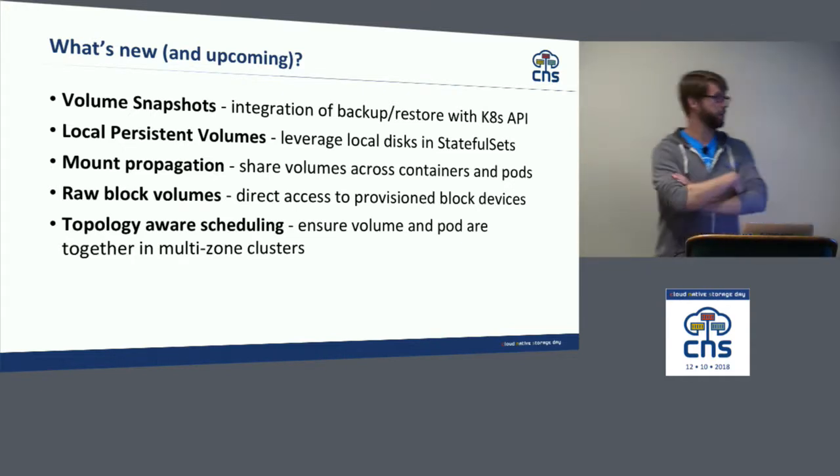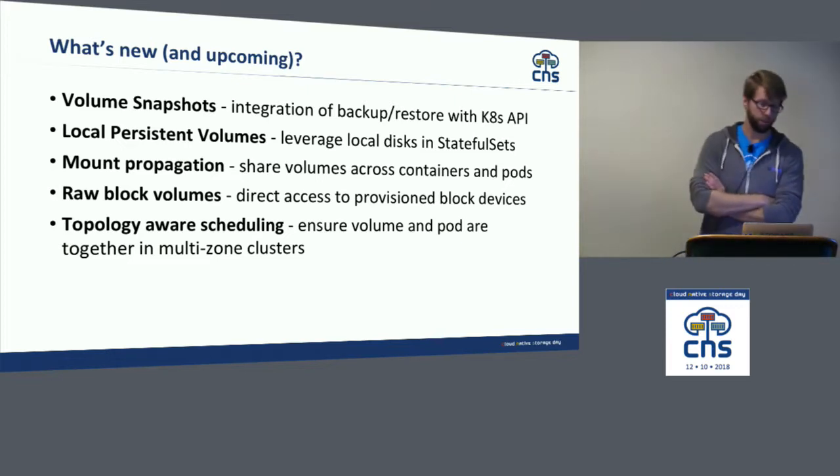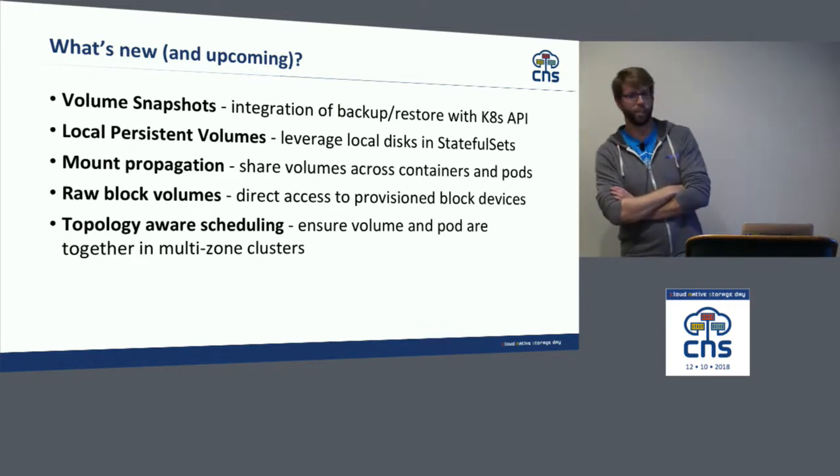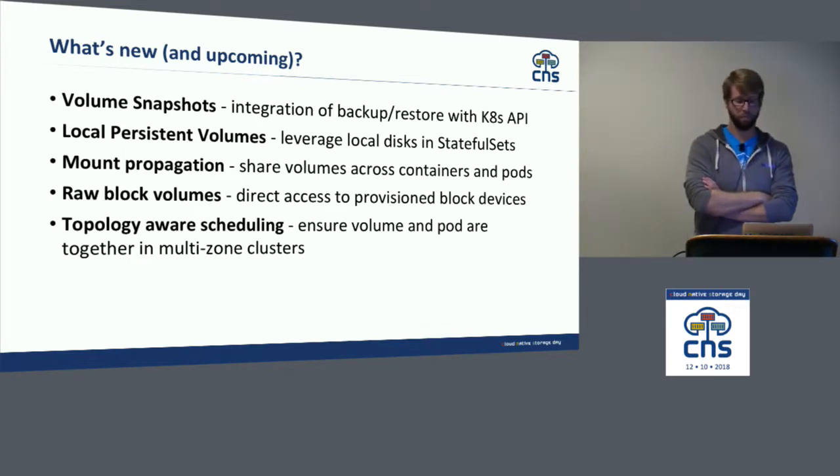And then the last one here, since we already talked about topology-aware scheduling, is raw block volumes. In the dynamic volume provisioning flow that we were talking about in the slide previously, before this, a file system would get formatted onto the volume, which adds another layer to go through.